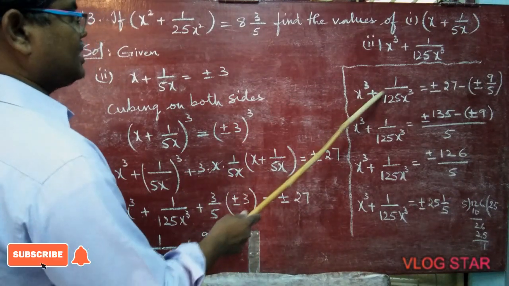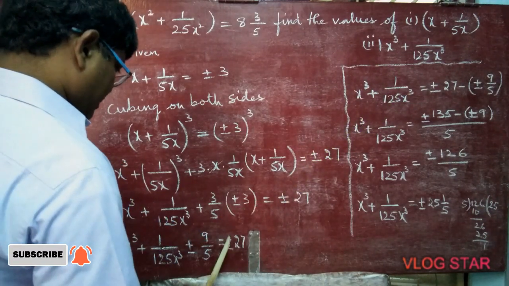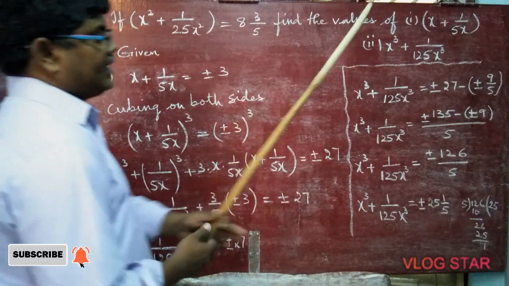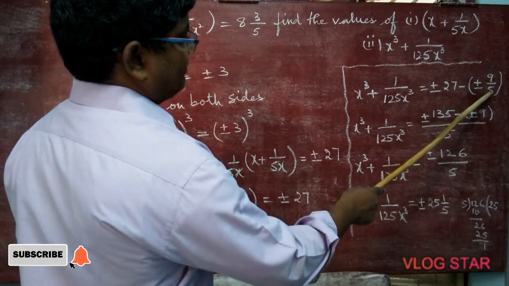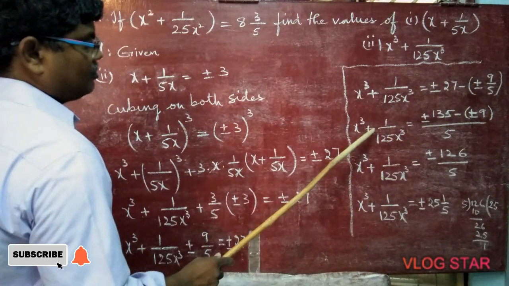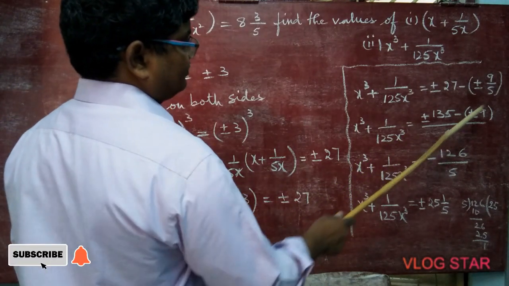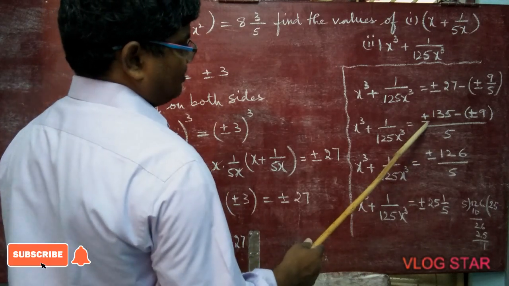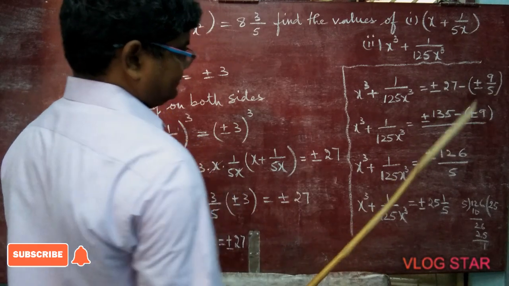Now x cube plus 1 by 125x cube is equal to plus or minus 27, and this plus going from left to right becomes minus: minus of plus or minus 9 by 5. Now x cube plus 1 by 125x cube is equal to, 5 LCM, 5 27s are 135, plus or minus 135 minus of plus or minus 9.